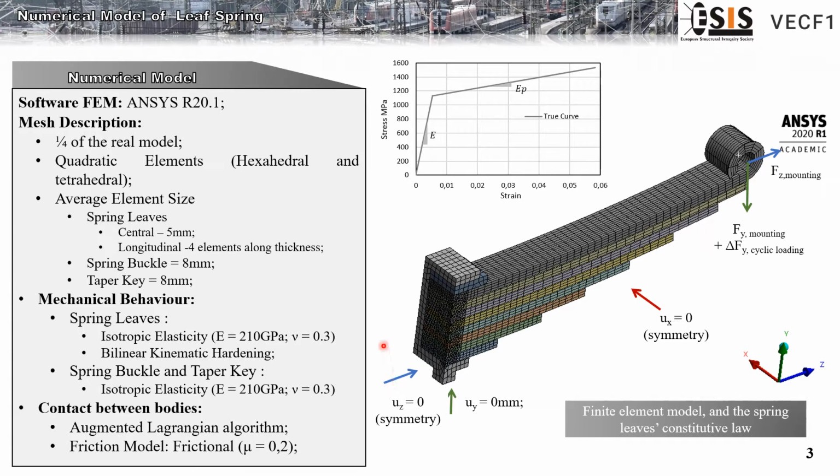About the numerical model, we used the finite element method with ANSYS software. We consider only a quarter of the real model with quadratic elements. Each element was modeled with an average size equal to 5 mm for the spring leaves and 8 mm for the rest of the components, spring buckle and taper key.